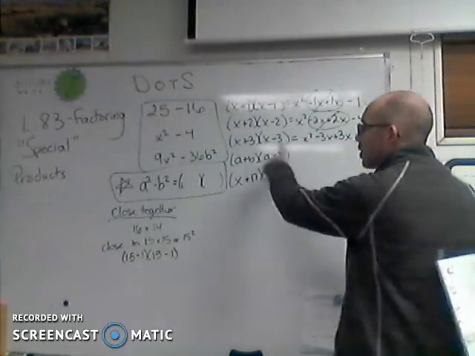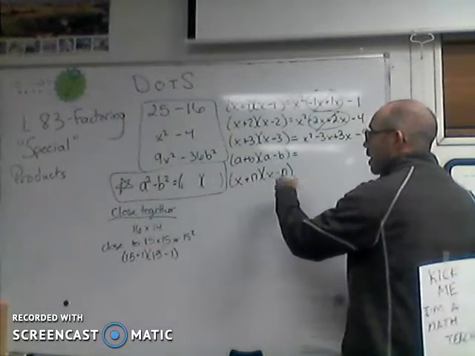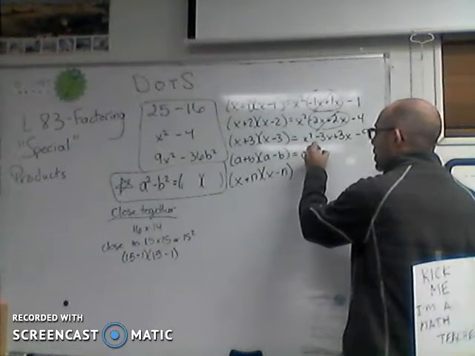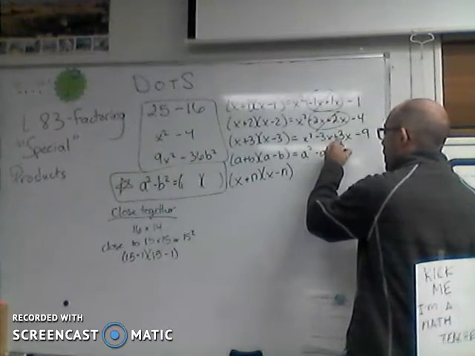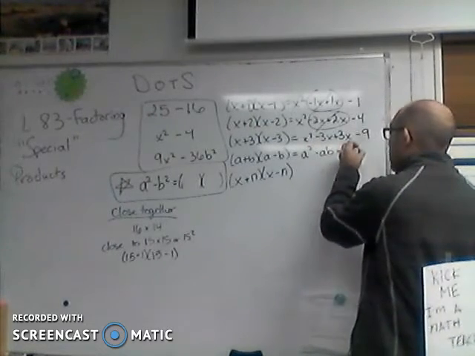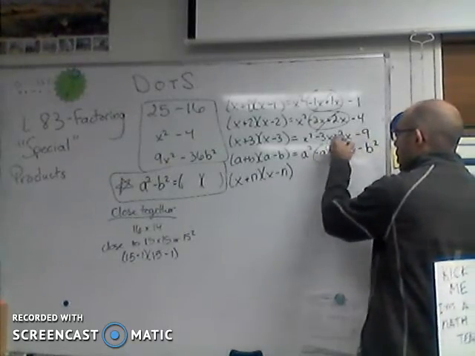Let me keep going and just generalize this. A lot of times you see it just says a and b. A squared minus ab plus ab. It doesn't matter what the factors are. They're going to cancel each other out in the middle. And then a negative b squared.